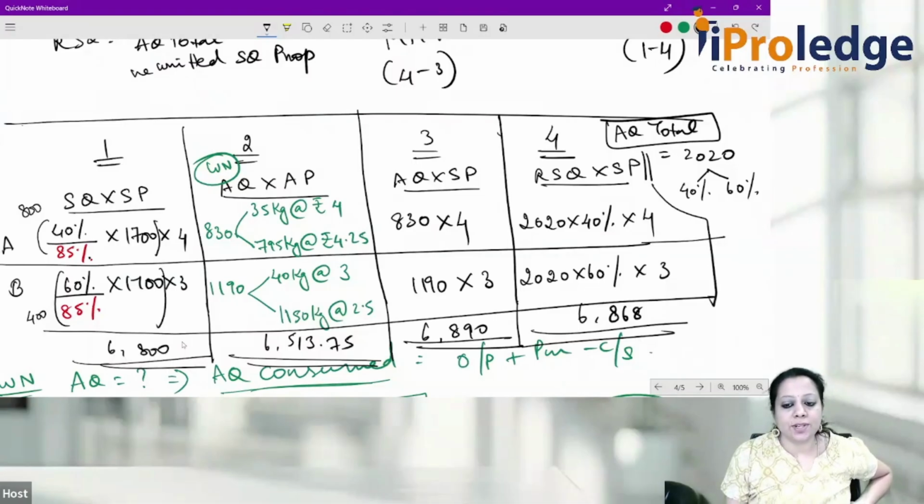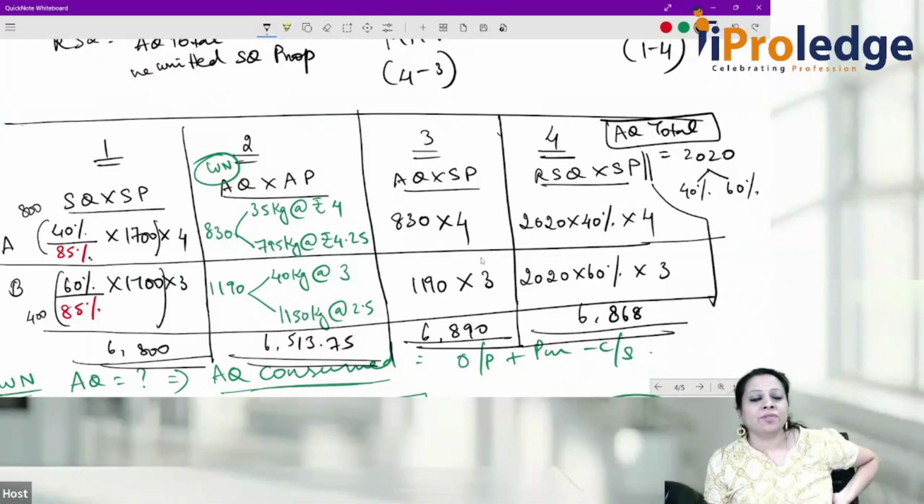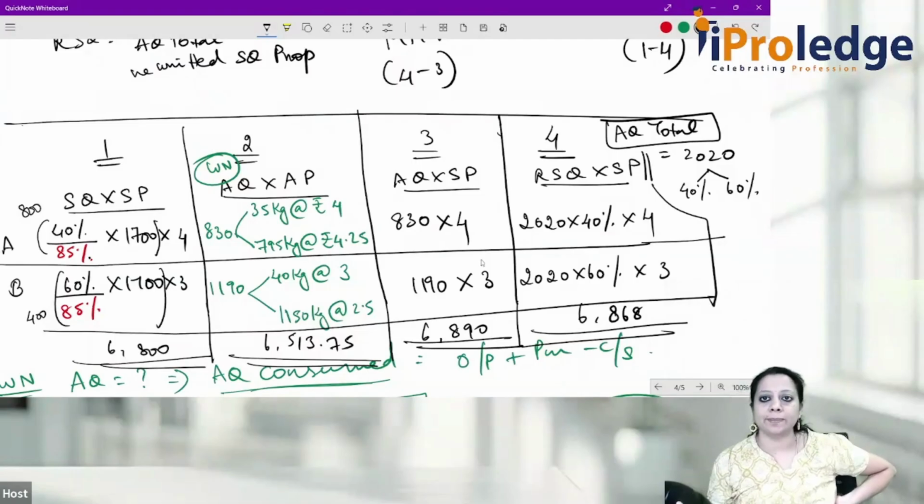Now just the substitutions and then we will be done. When we use percentage, we are taking the percentages directly. If you are getting confused with percentage, or don't know about normal loss, please find out the standard quantity. That's all.